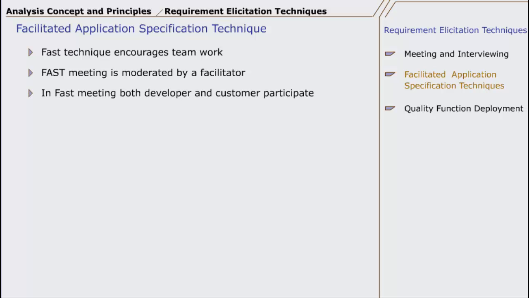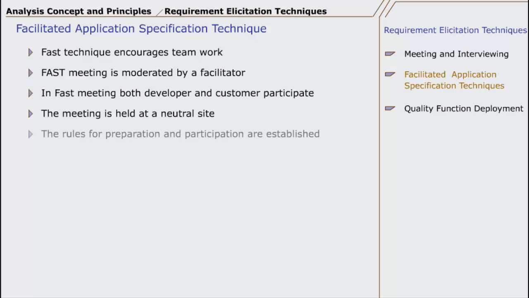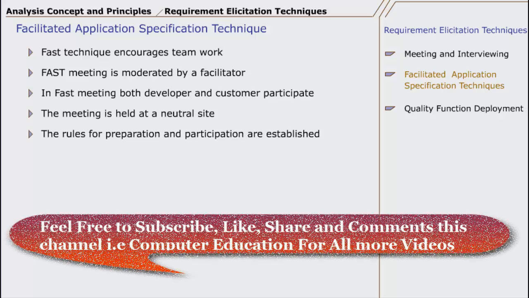Meetings are as a matter of common practice held at neutral venues where both customer and developers attend. Agenda and rules for participation in the meeting are decided before the meeting and circulated among participants in advance. The facilitator moderates the FAST meeting.